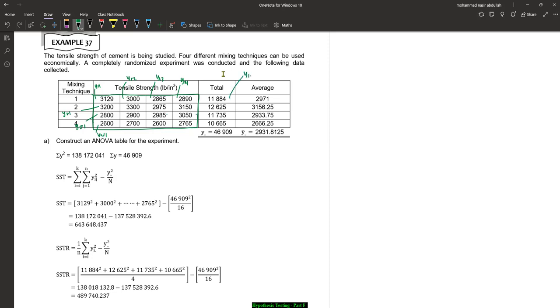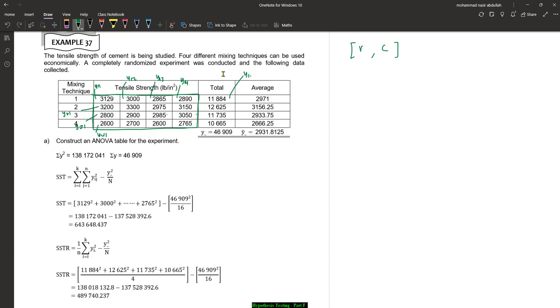This is Y1 dot, which means the total of the first row. Remember, in programming it is the same. In a data frame, if you are using Python, the first value here represents the row, the second value represents the column. The same thing in programming, we use in mathematics too.